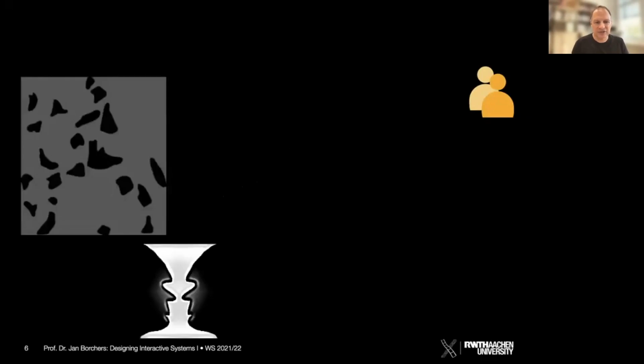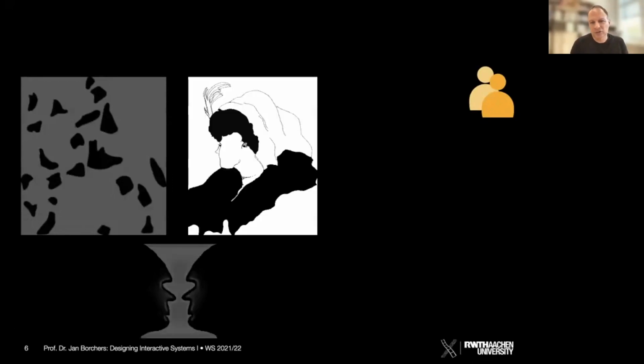Lots of examples like this, two people facing each other, or maybe this is just a chalice, a vase of some kind. Or I'm sure you've seen this one before. Depending on how you look at it, this could be a young woman looking away from you in profile, or it could be an elderly woman with a big nose and a shawl around her head, looking at you.